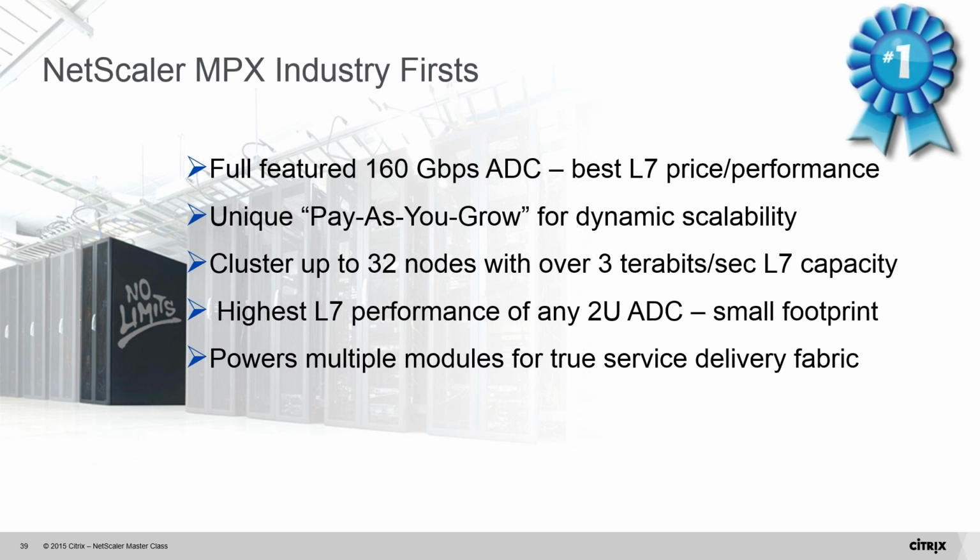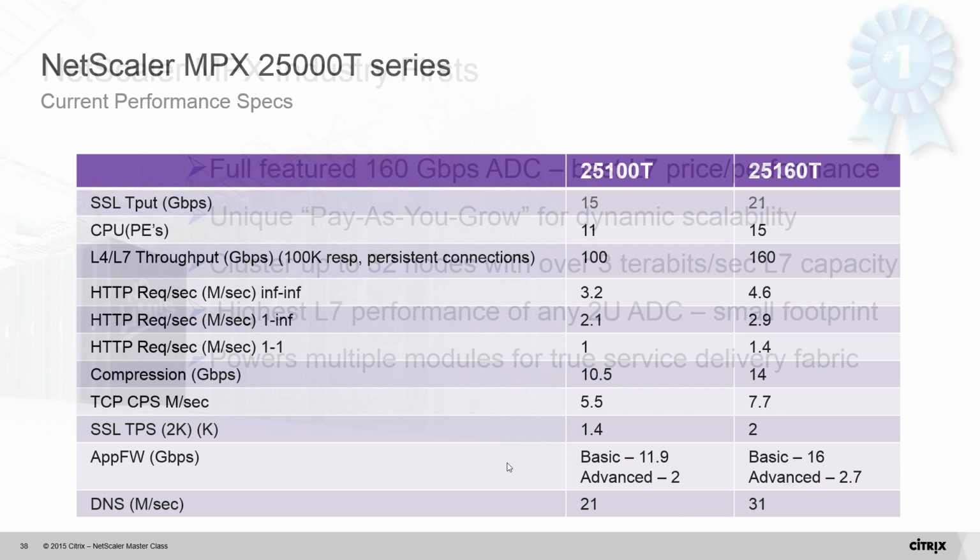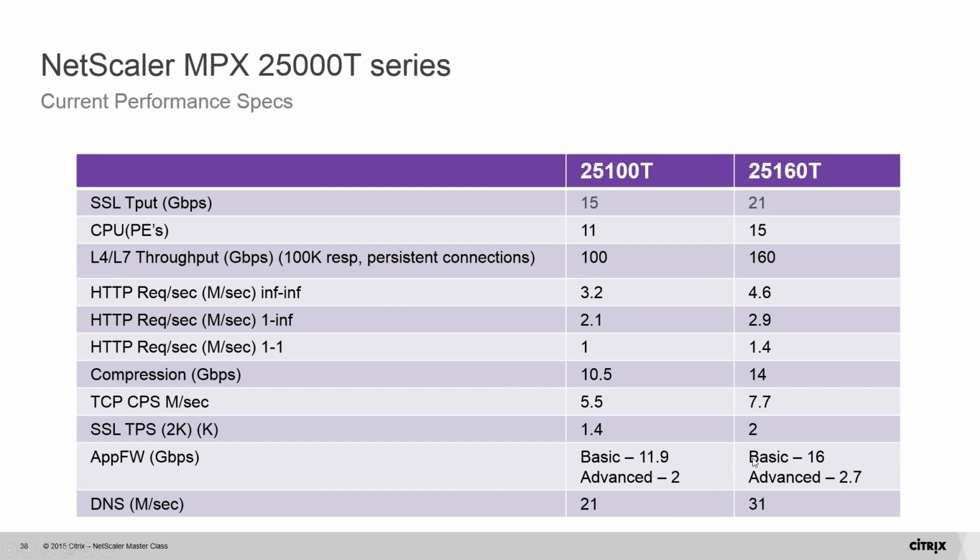So if you really needed a large, high throughput capacity platform, this would be for you. The basic and advanced traffic, I always like to point to Ronan's excellent explanation of binding and using policy to identify just the traffic needing those advanced protections. But still, on the 160T, we're doing 16 gig of basic or 2.7 advanced. So with your firewall sizing, you'll see all the strength and processing in this platform.